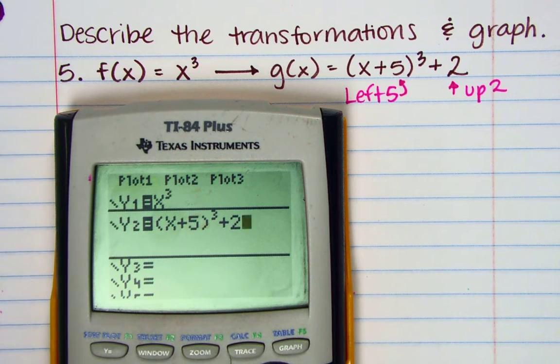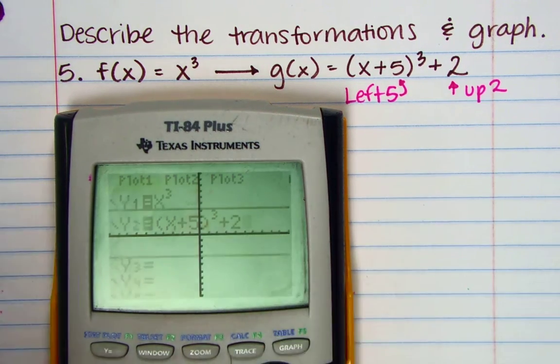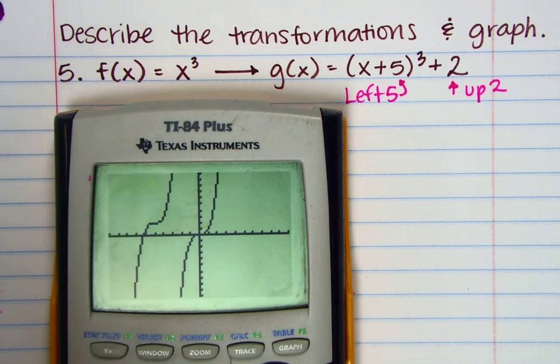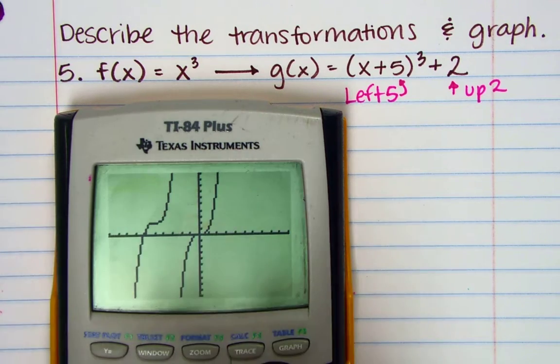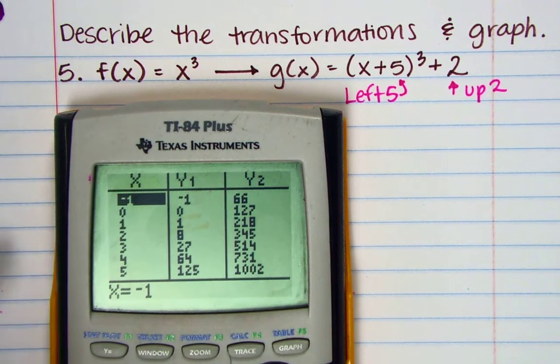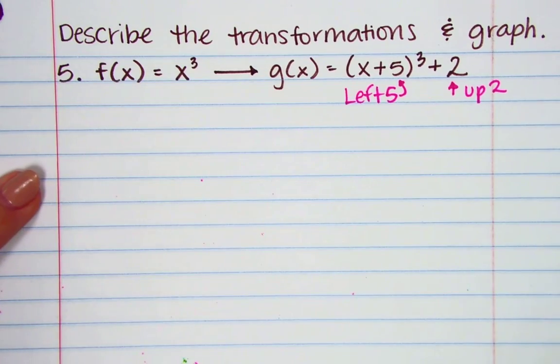And like I told you before, when we want to be precise, I can click graph and see there's a cubic function. There's the second one. But I want to get the exact points on this graph. On the rest of these, I'm going to tell you sketches. But this one, if I want to get the exact points, remember we did second graph and got the points from the table. So I'm going to draw my graph right here.